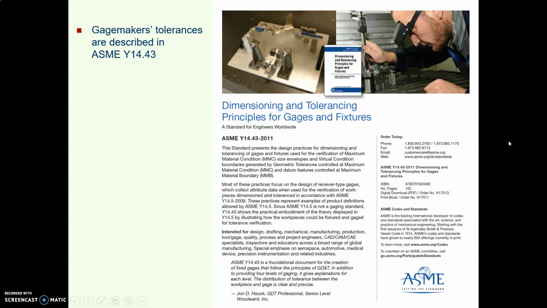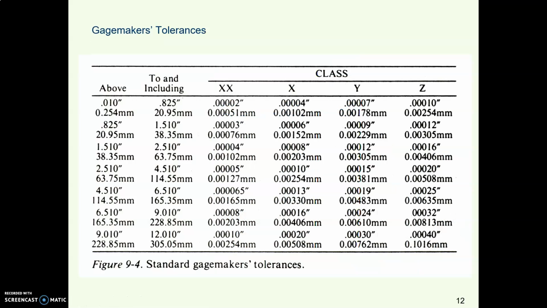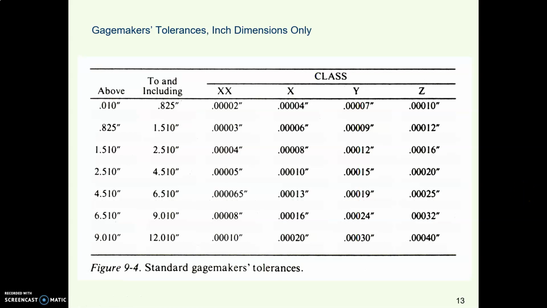And gauge makers' tolerances are at another level than the ones we use on our mechanical drawings. Here is a table out of a toolmaker's handbook, which shows both inch dimensions and metric dimensions. I photoshopped it on the next slide so that you can just see the inch dimensions. I think it's easier to see.